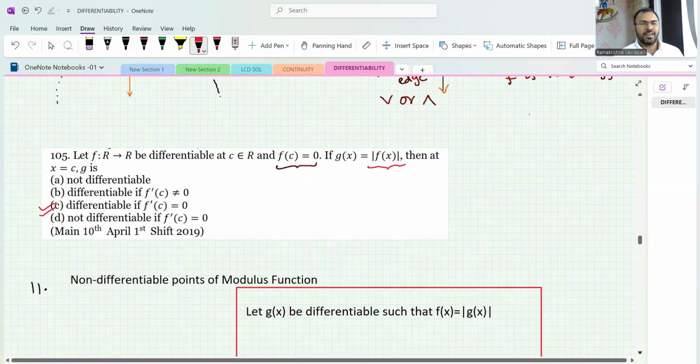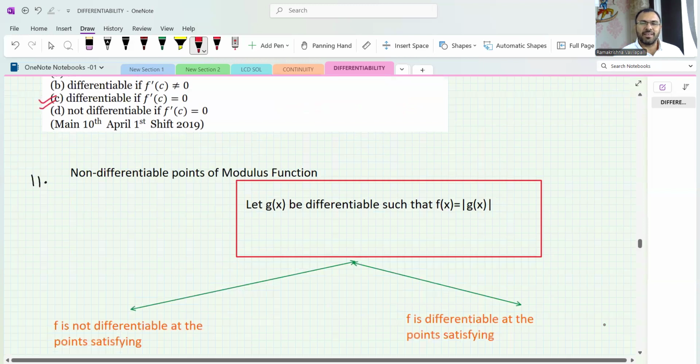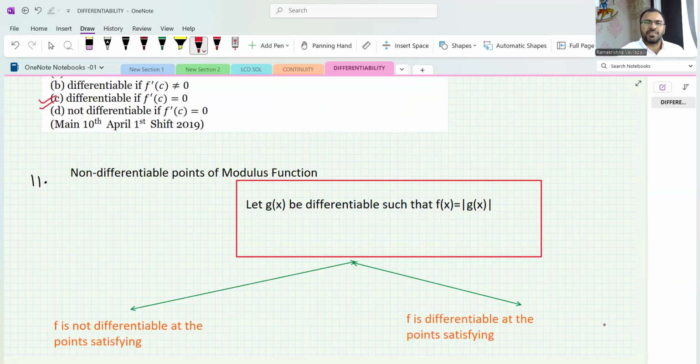Now I'm going to explain how we find the non-differentiable points of a modulus function. Not just mod x, but the modulus of any kind of differentiable function. Let g of x be a differentiable function such that f of x equal to modulus of g of x.